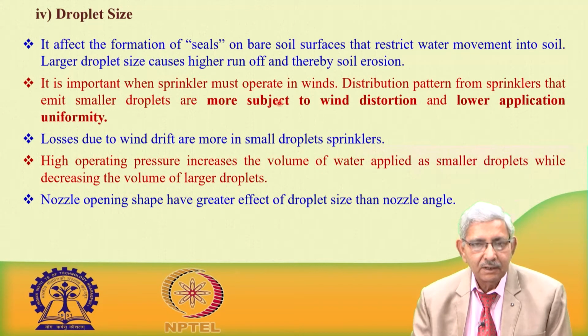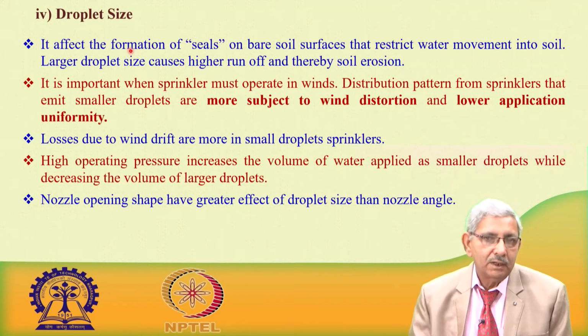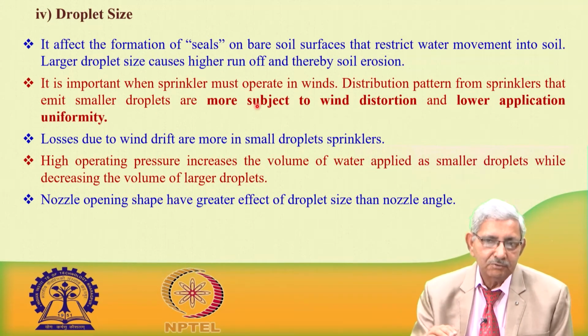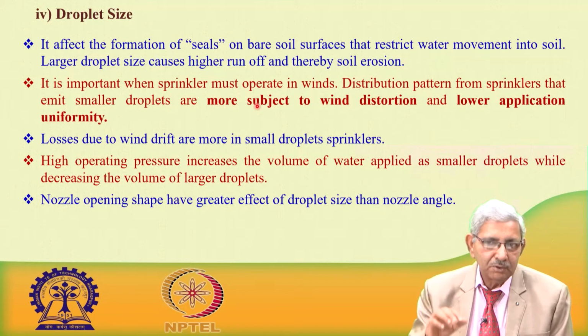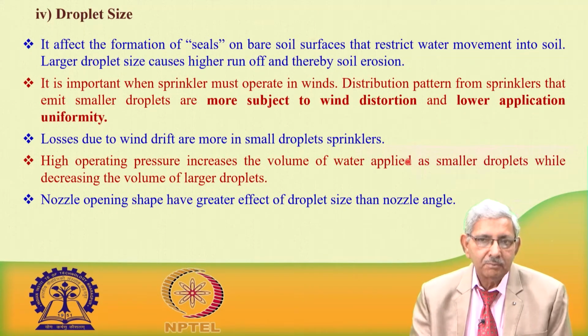Droplet size is also influenced by the operating pressure. When the droplet size is large, it causes an impact on the ground surface, means water droplets resembling rainfall. When the droplet size is more, it will make the formation of a seal.